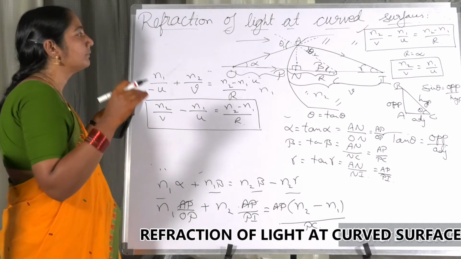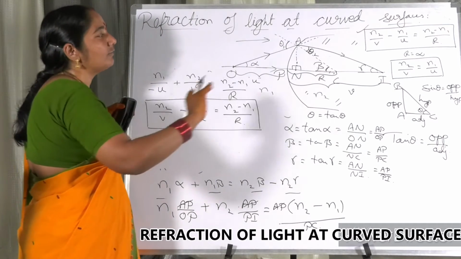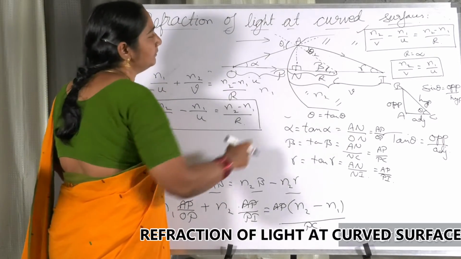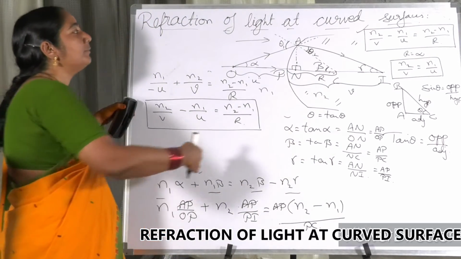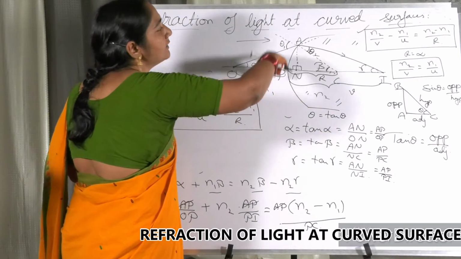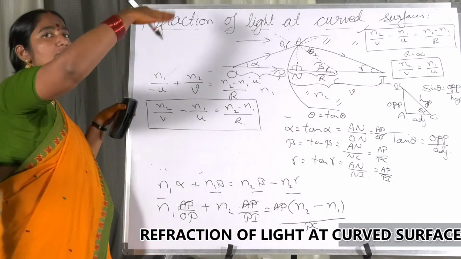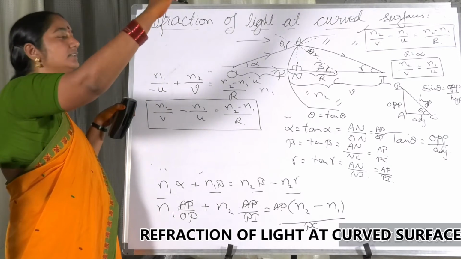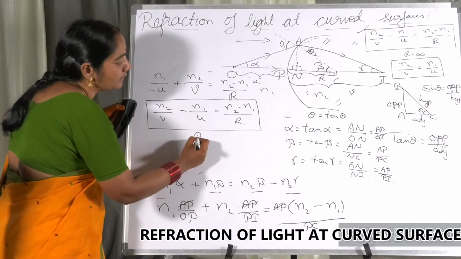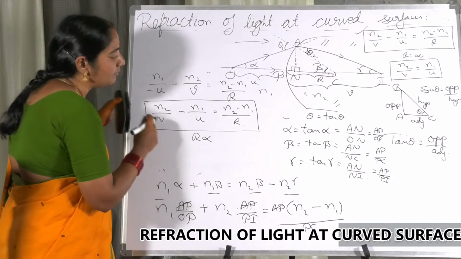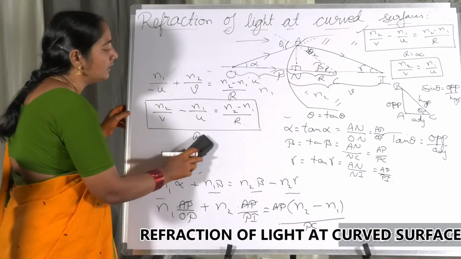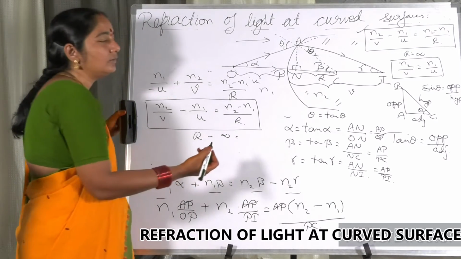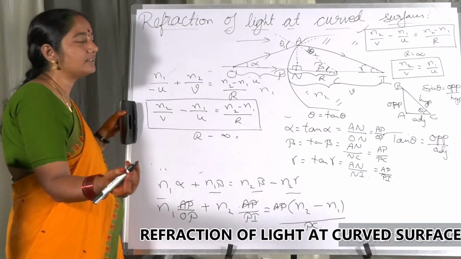Now, my dear friends, if it is a plane surface, it means the curvature is plane, which means the radius is almost infinity. For a plane surface, the radius is considered to be infinite. See, infinity is nothing but 1 by 0.